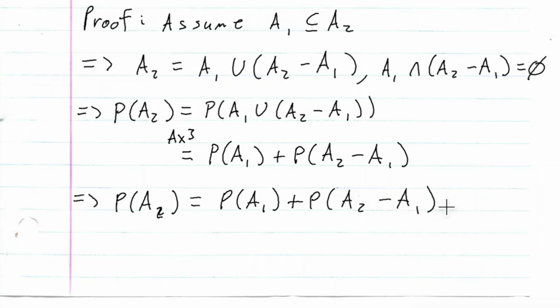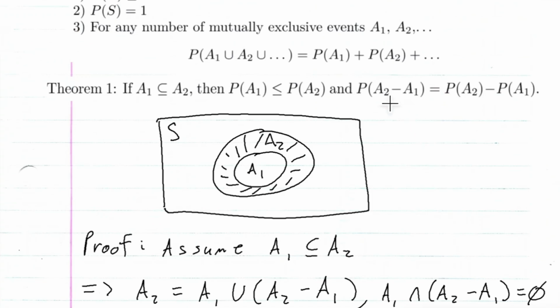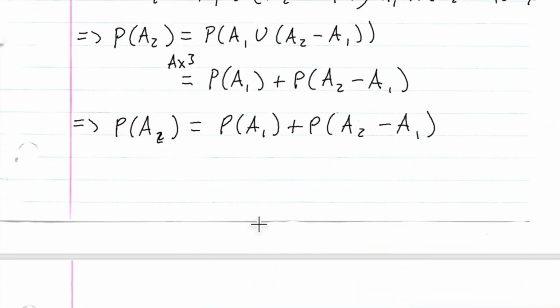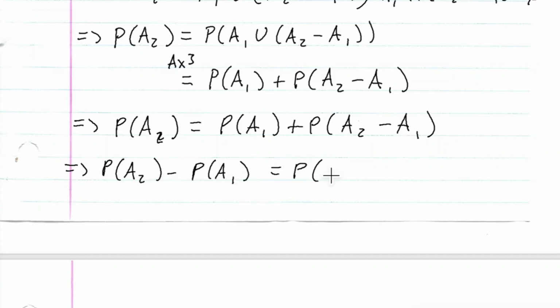All right, well, in my theorem, I wanted to prove that the probability of A sub 2 minus A sub 1 is equal to the probability of A sub 2 minus the probability of A sub 1. And that's what I have right here. If I just subtract the probability of A sub 1 from both sides, I would get that the probability of A sub 2 minus the probability of A sub 1 is equal to the probability of A sub 2 minus A sub 1.